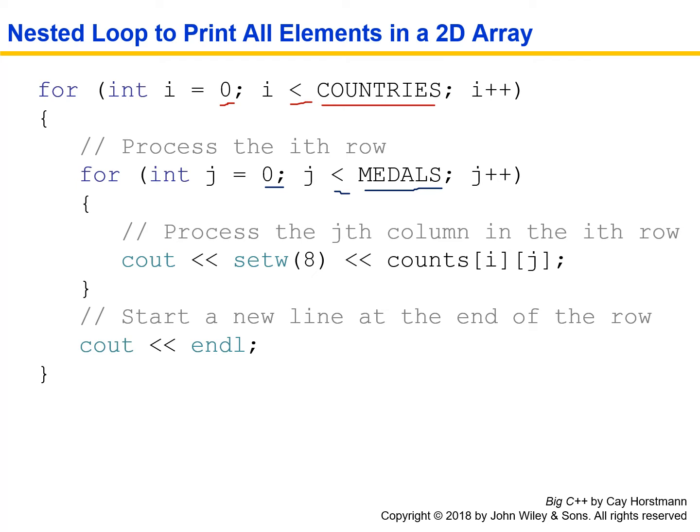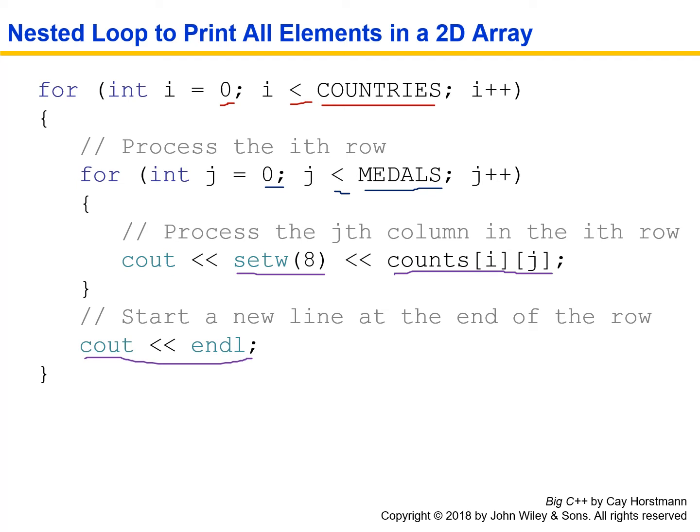This is where your set width operator comes in real handy, to make sure that we space out our columns. Then we're just going to print counts at I sub j. And then you need to remember to always, after you finish a particular row, cout an endl so that you start a new line, and you don't just print all of them in one long row of text on the screen.